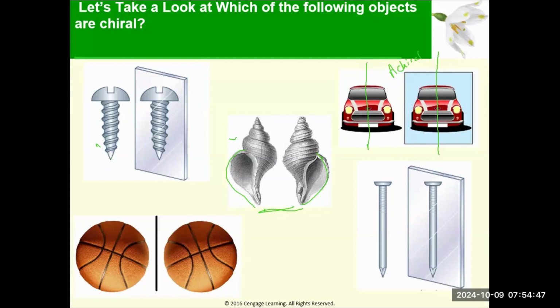Nails also, because they're just straight down and there is definitely a line of symmetry here, these two would be achiral. Now, as far as this basketball goes, again, it has mirror images of itself. And if you overlap them, do you have a line of symmetry? Yes, you do. Therefore, this ball is also achiral.